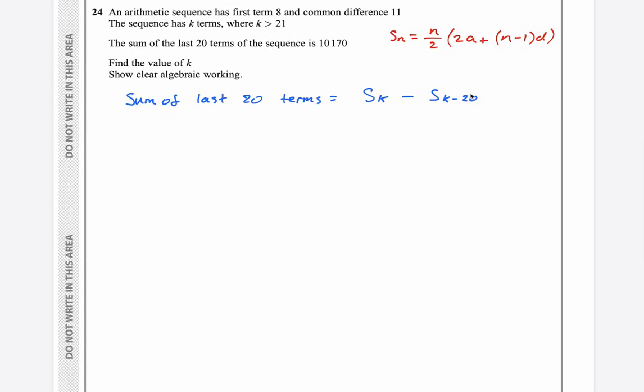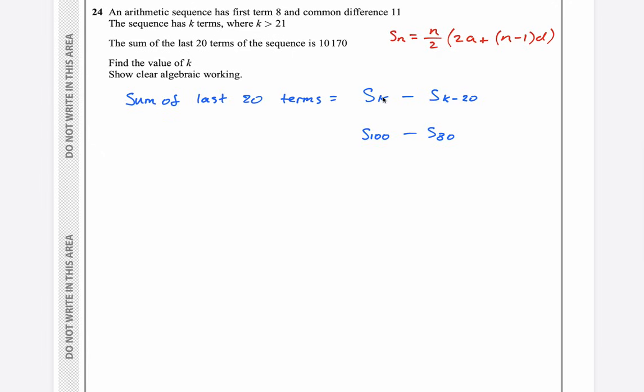Okay, now why is that true? Well, think about it. Imagine there were 100 terms and I define the sum of the last 20 terms. I do the sum of the 100 terms minus the sum of the first 80 terms, and that would give me the sum of the last 20 terms.